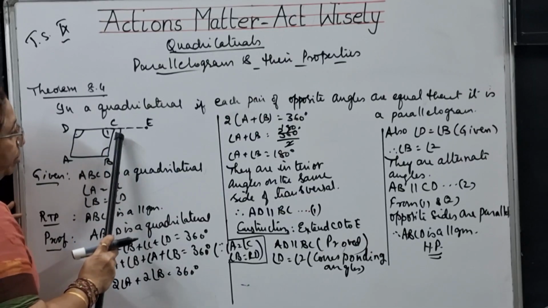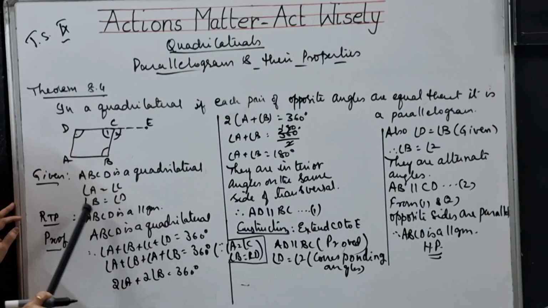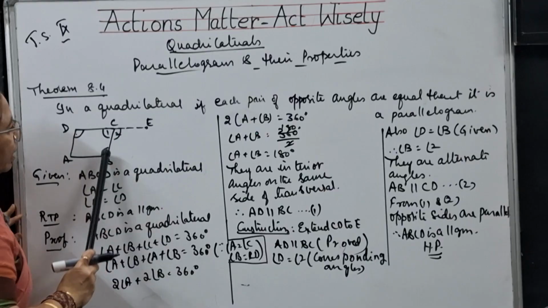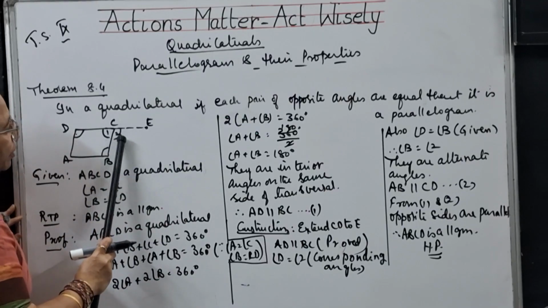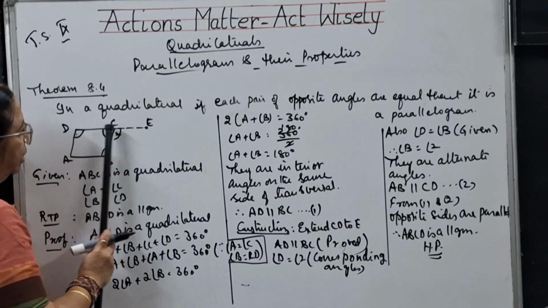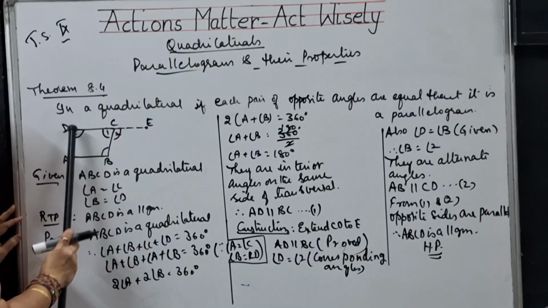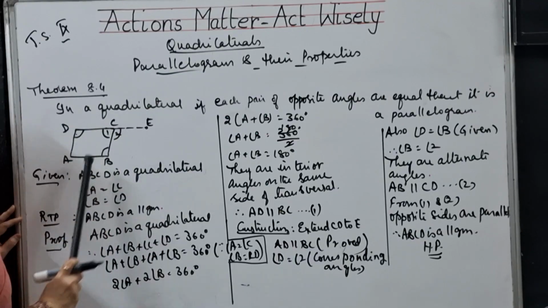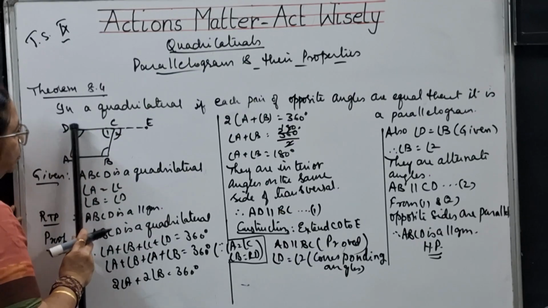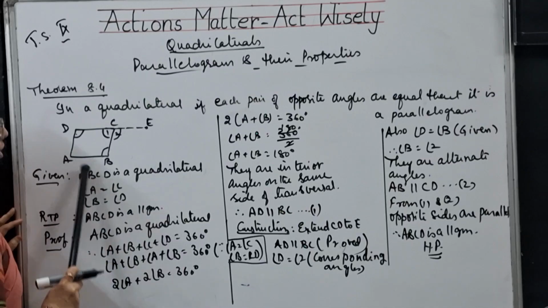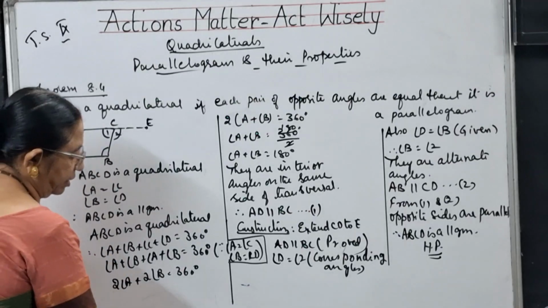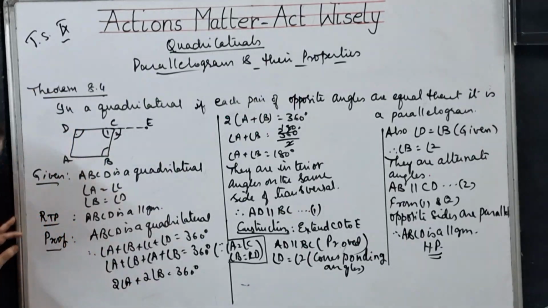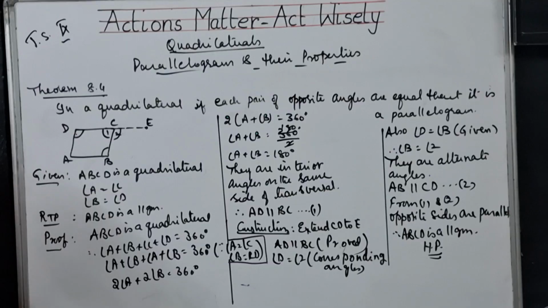So, angle B is equal to angle 2. What type of angles are these two? These are alternate angles. Therefore, AB is parallel to CD. Earlier we have proved that AD is parallel to BC. Now we have proved AB is parallel to CD. So, ABCD is a parallelogram. Please copy this, children.